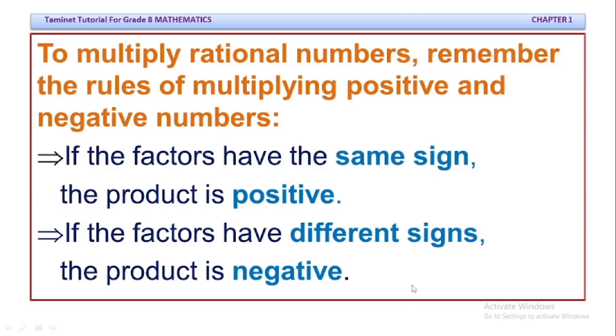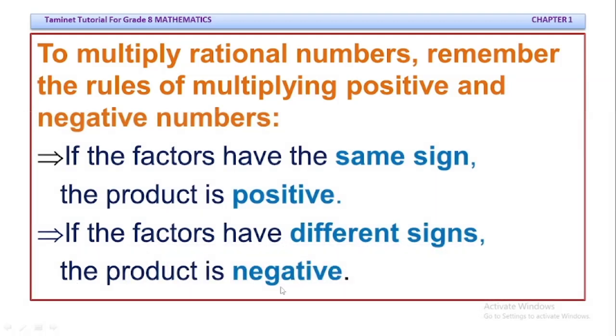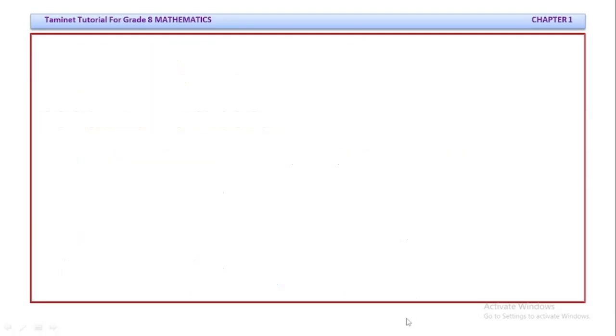If there are three factors having three negatives, then the product of the three negatives will be negative. Like this we can decide. But here the statement only applies to two factors having the same sign or different signs. If two factors have the same sign, the product is always positive. If the factors have different signs, the product is always negative.